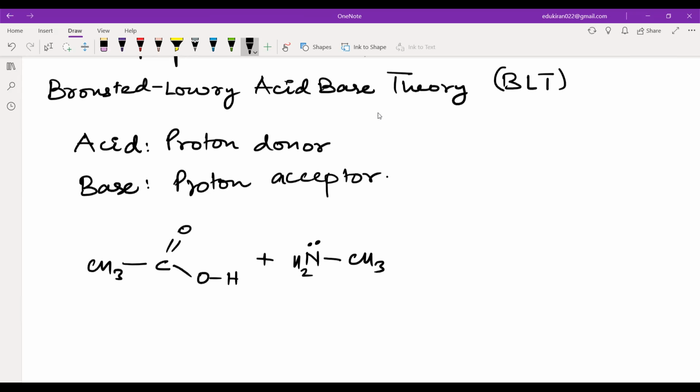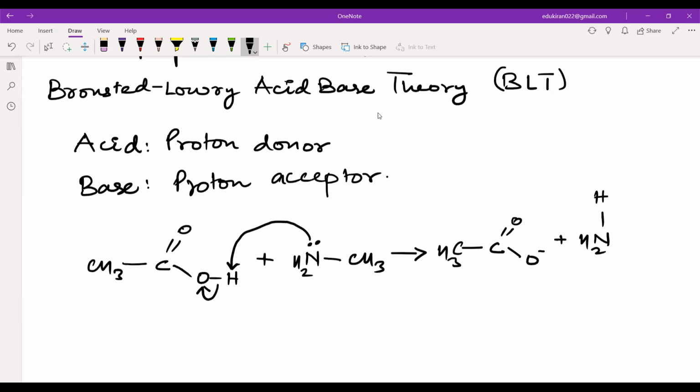So this lone pair will attack on this acid, and you will be forming CH3 C double bond O, and there will be O negative, plus you will be having NH3 with the extra hydrogen that the nitrogen has got, and CH3. So this is our acid, which is a Bronsted Lowry acid in organic chemistry, and this is our base.